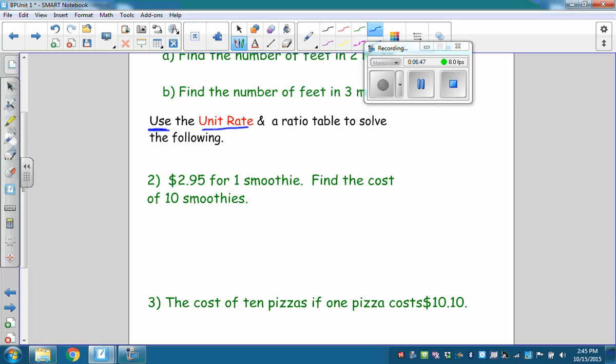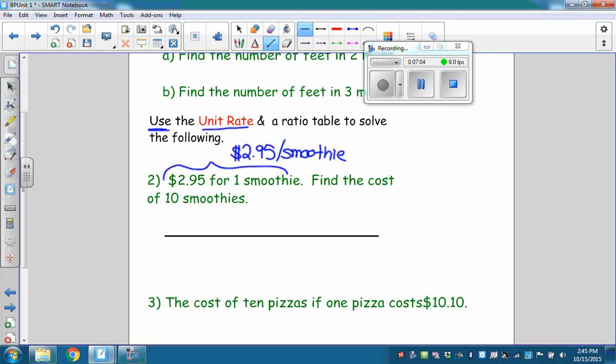The unit rate is $2.95 per one smoothie. So guess what's going to be the titles of my table? Smoothie and money. I'm going to put it at the top of my table, and I'm going to put smoothies here.